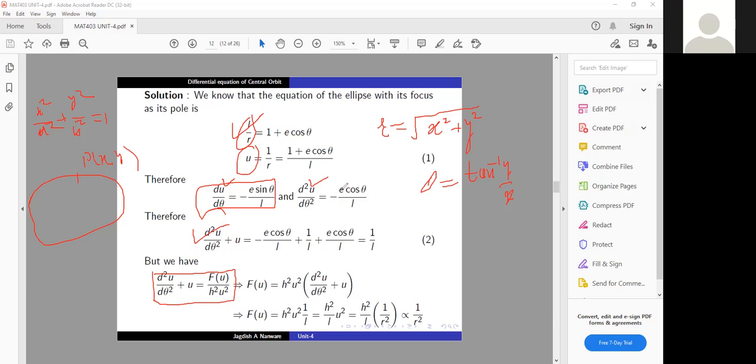It is minus E cos theta upon L, right? And U is 1 plus E cos theta upon L, and you can separate this as 1 upon L plus E cos theta upon L.